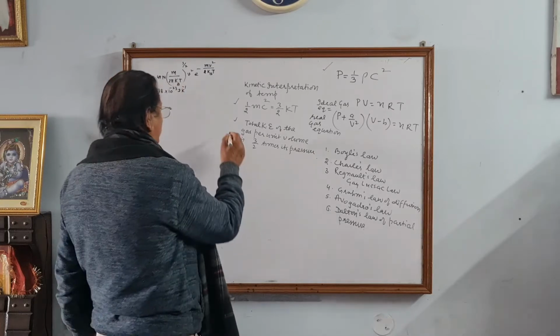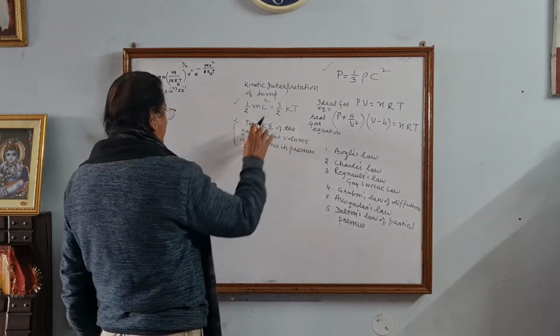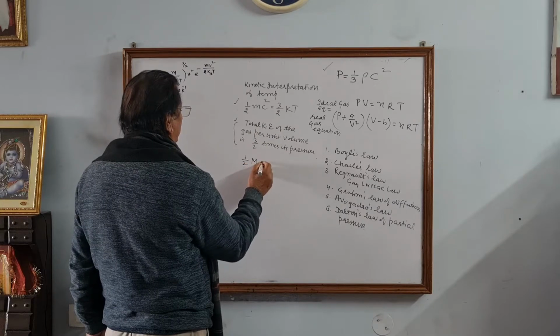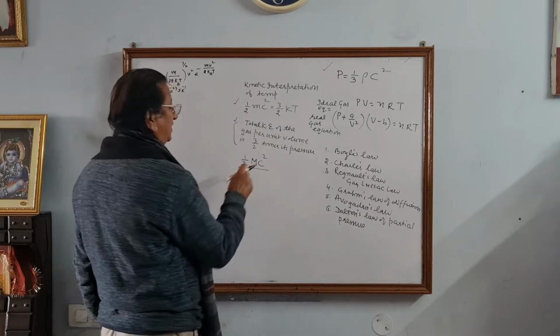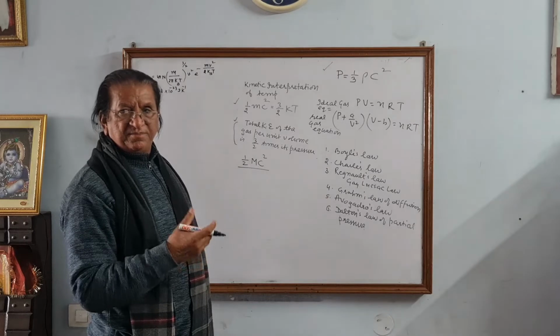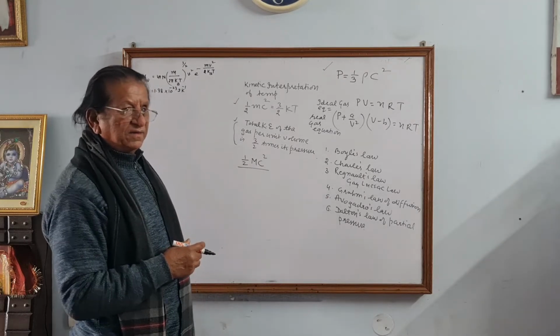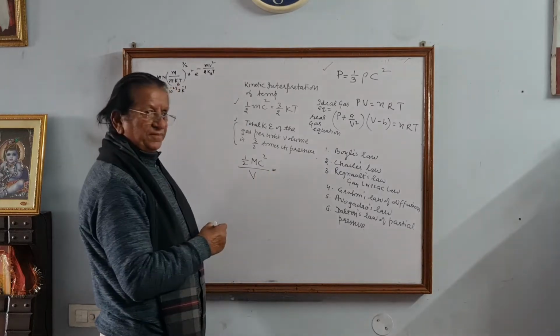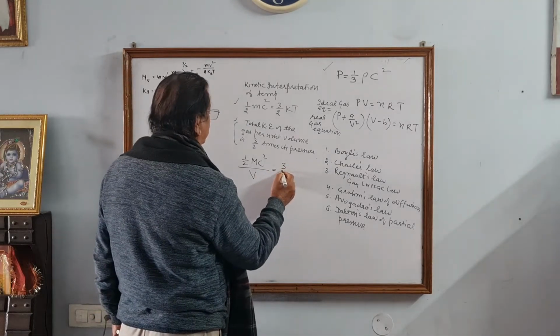This is the language, and if you convert this language into mathematics, this is the kinetic energy of the gas, and m is the mass of the gas. Then per unit volume, this must be equal to 3 by 2 p.